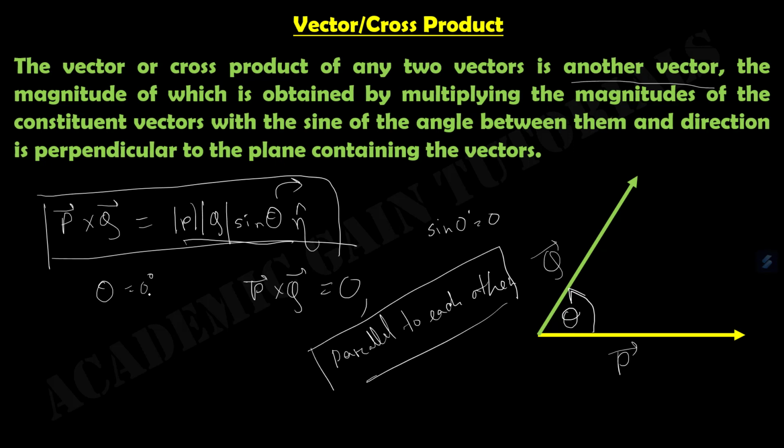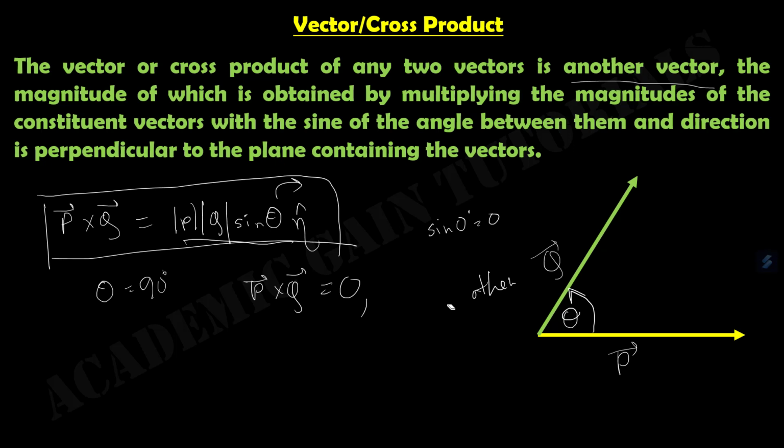Now, if the angle between them is 90 degrees, then P cross Q will be the magnitude of P times the magnitude of Q, and eta is the direction of this resultant vector. So it will be the maximum.